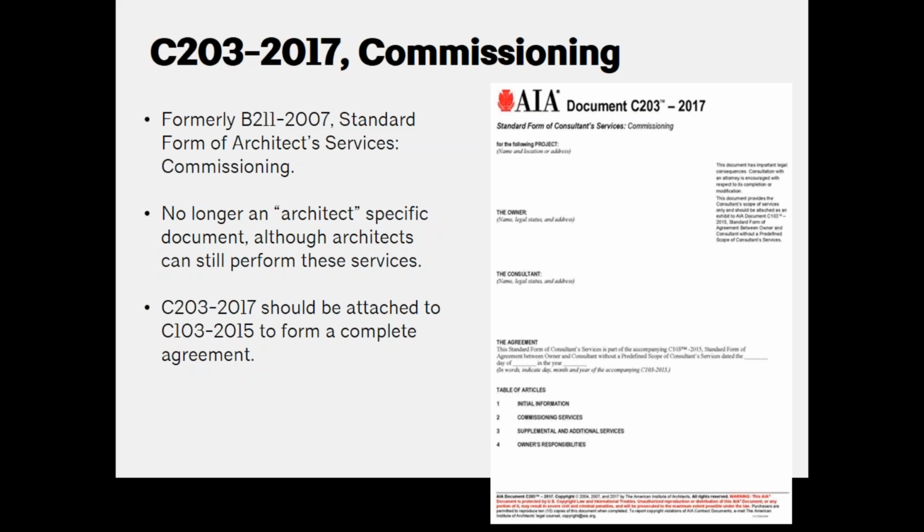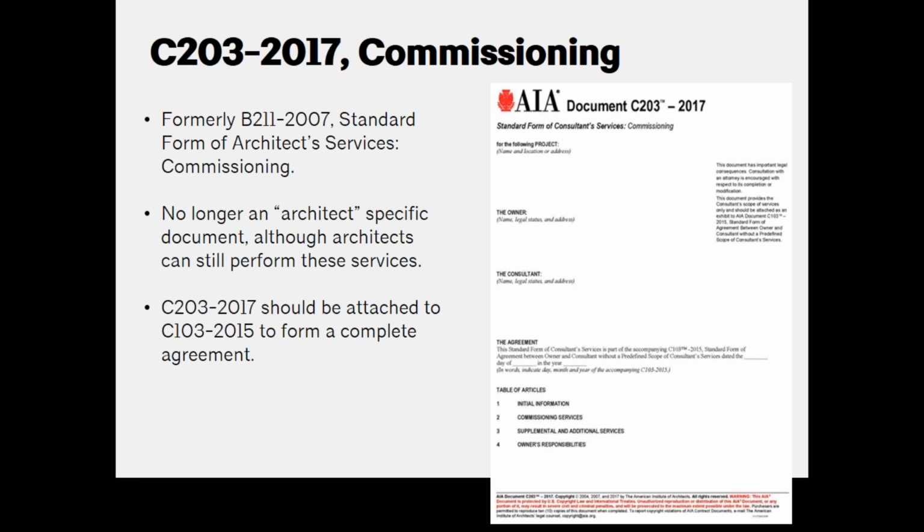You have people from all kinds of backgrounds who are doing commissioning work, and so when we revised this commissioning scope, we actually took that into account and we turned it into a consultant's scope of services. Now, of course, an architect can still do these services, but it would be using this C203 scope to do it.